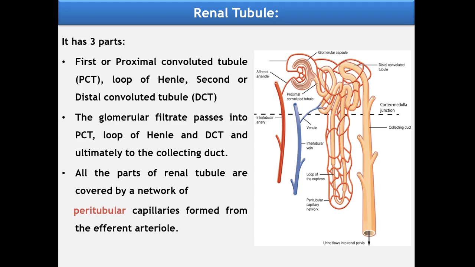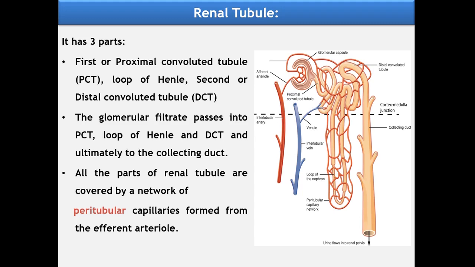And this U-shaped structure, a hairpin like structure, is called loop of Henle. The next one is the second or distal convoluted tubule, DCT. As it is away from the Bowman's capsule, we call it distal convoluted tubule.